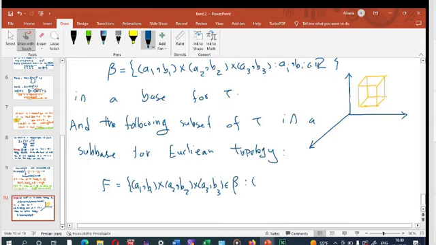B1 minus A1 multiplied by B2 minus A2 multiplied by B3 minus A3 greater or equal 1. Okay.